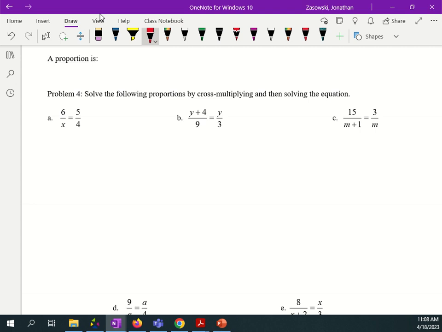These are examples of proportions, right? Each of these, the left and the right side, are equal to each other. Another word for a fraction is ratio. So a proportion is two ratios that are equal. You may also see the word equivalent in here, okay?